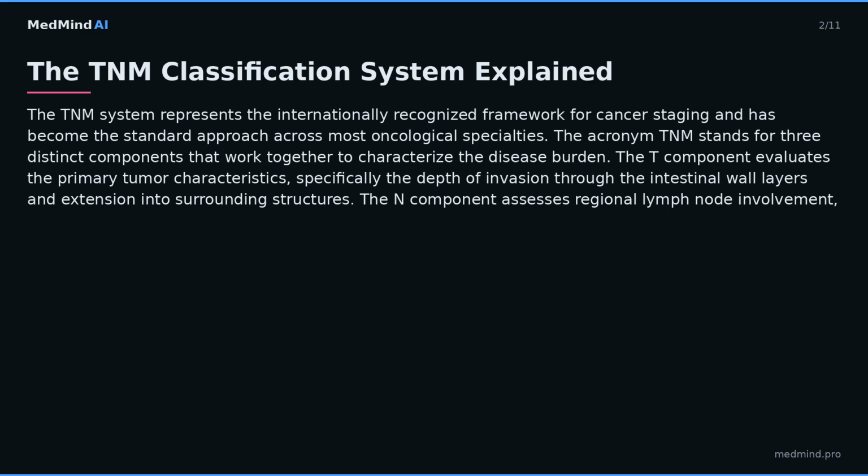The N component assesses regional lymph node involvement, counting both the number of affected nodes and their anatomical location relative to the primary tumor. The M component determines whether metastatic disease has developed, indicating spread to distant organs such as the liver, lungs, peritoneum, or other distant sites. Together, these 3 variables create a comprehensive snapshot of disease extent.